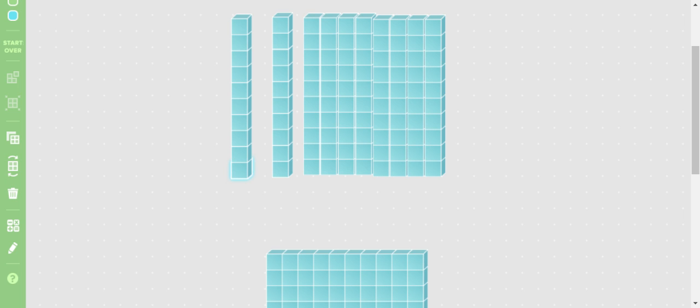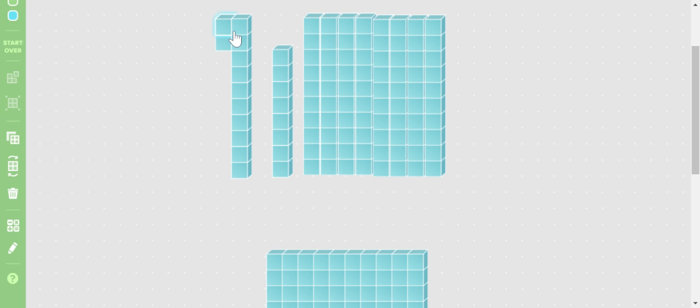Right, so there's a 1 in the tens place, so you would take a tens block. I got 1, 2, 3, 4, 5, 6, 7, 8, 9, 10. Tens block, okay? How many digits are in the ones place? 2, right? So I'm going to take 2. Okay, so now I have 12.